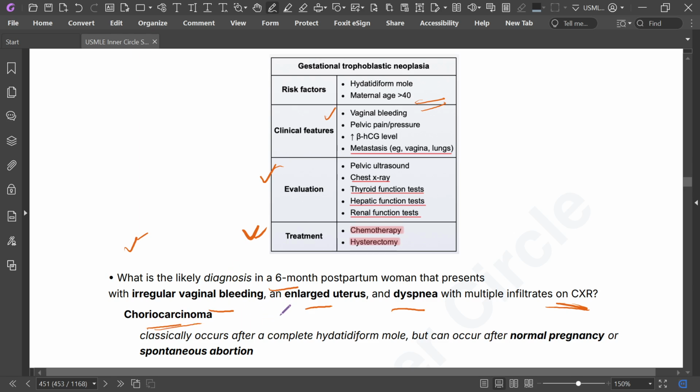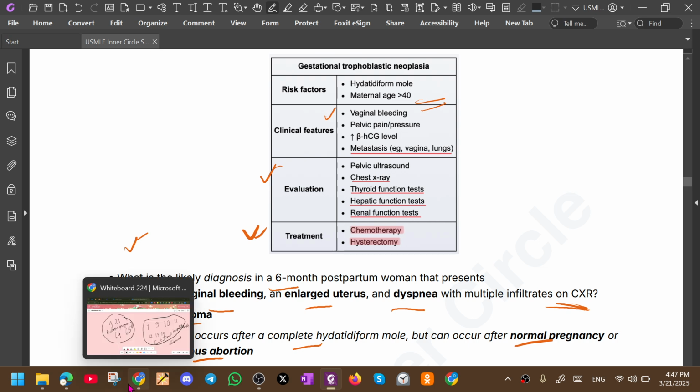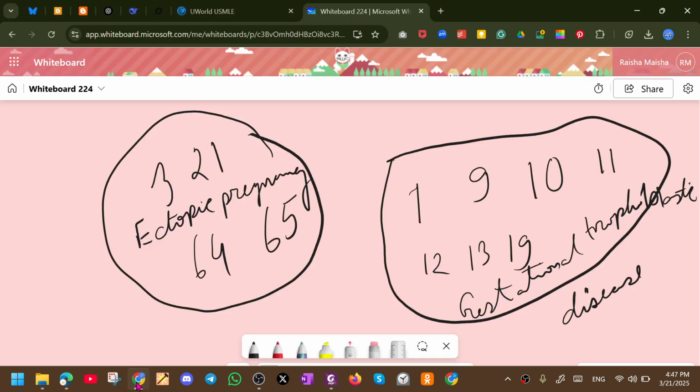It classically occurs after complete hydatidiform mole, but can occur after normal pregnancy or spontaneous abortion.